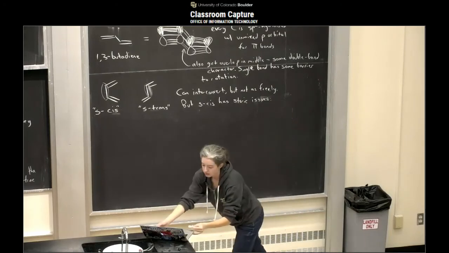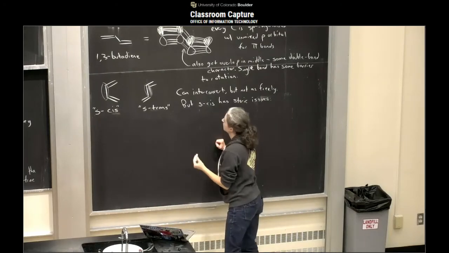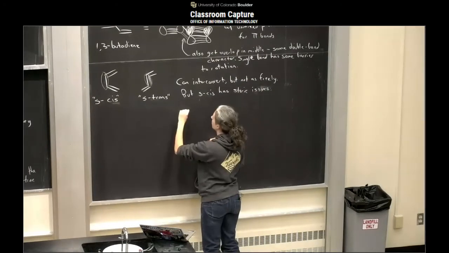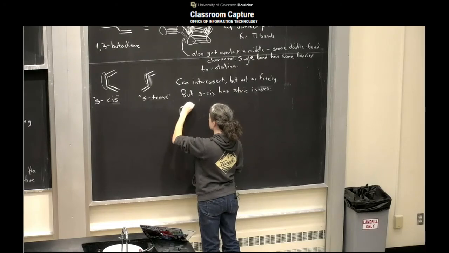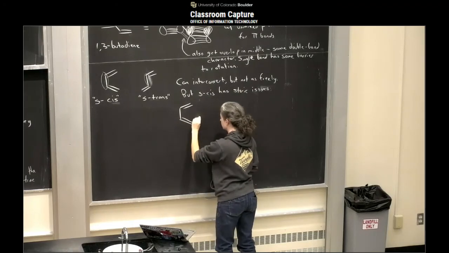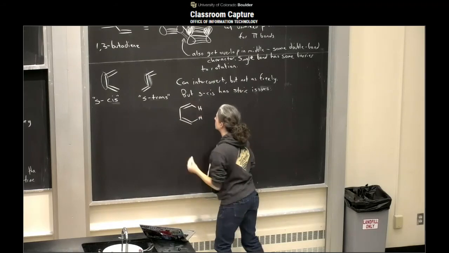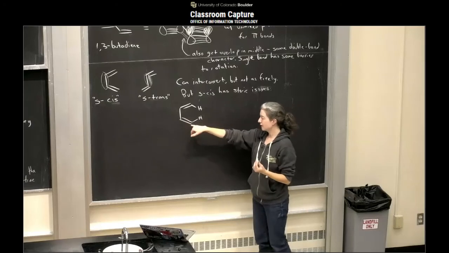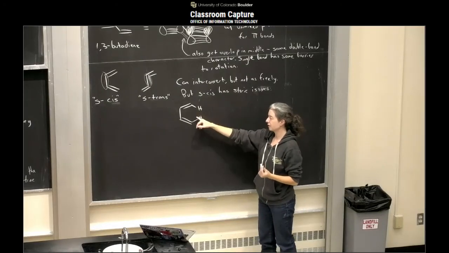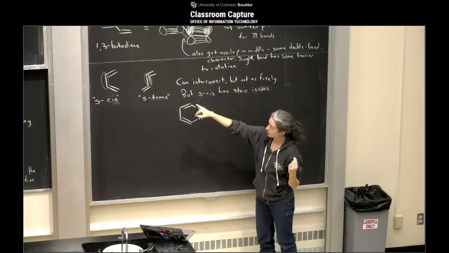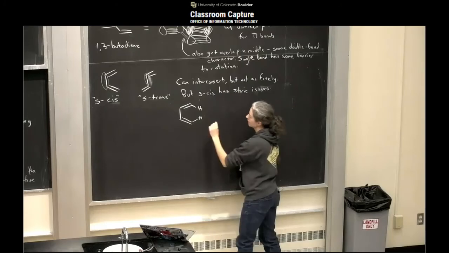So if we do a little bit closer look at what's going on here, because both of these alkenes have something pointing off into the middle. The molecule I'm looking at right now, they're just H's.